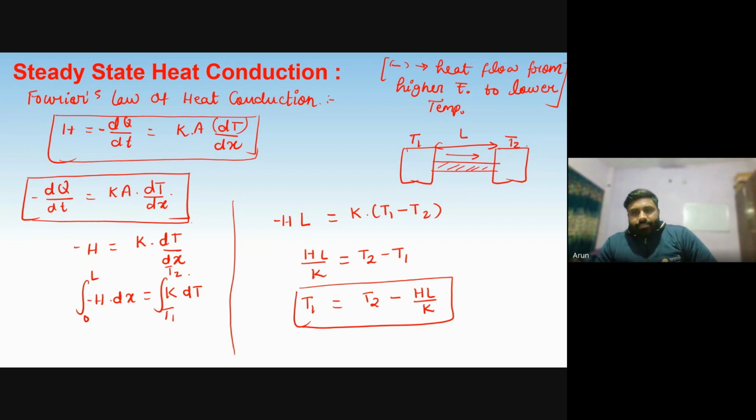So you can remember that if you plot the variation of temperature with the length, it will be a straight line with a decreasing slope. Okay. This is delta T. This is L. Now note it down.